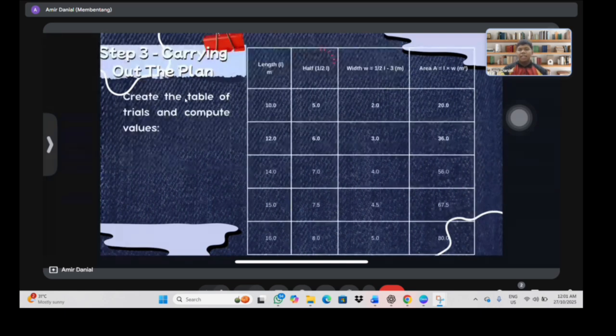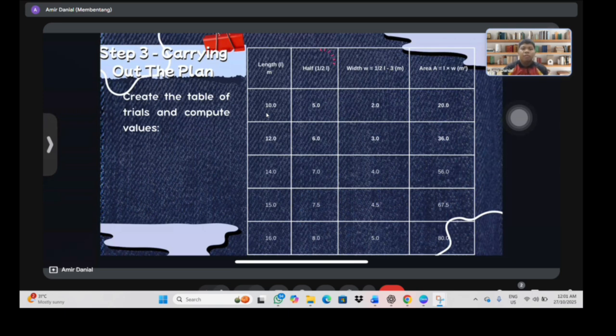Okay, step 3 is carrying out the plan. We create the table of trials and compute values. Here we can see the table has length, half, width, and area. So if length is 10, half of 10 is 5.